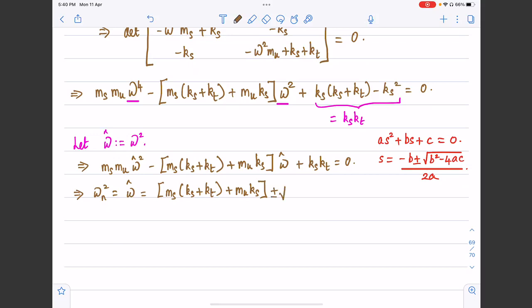Then we are going to have plus or minus square root of b squared minus 4ac. So what is this b squared? We are going to have ms times Ks plus Kt plus mu Ks, the whole square, minus 4 ms mu Ks Kt. That's minus 4ac, right?